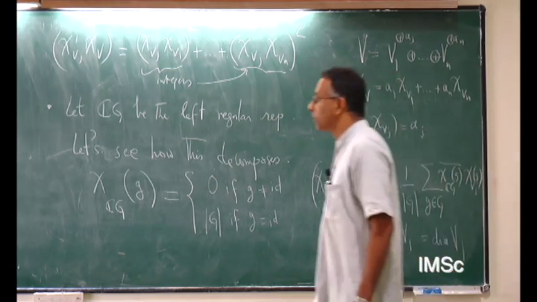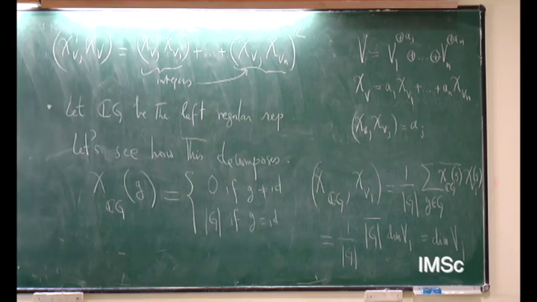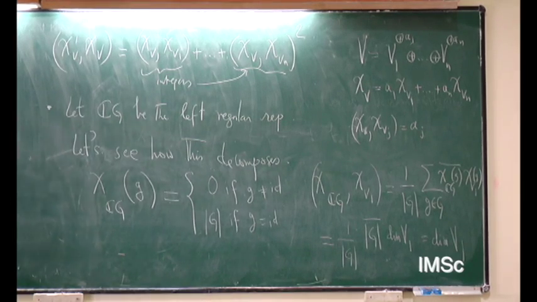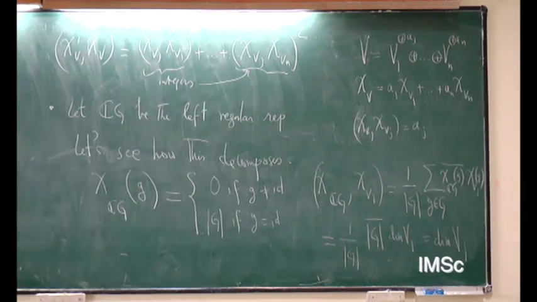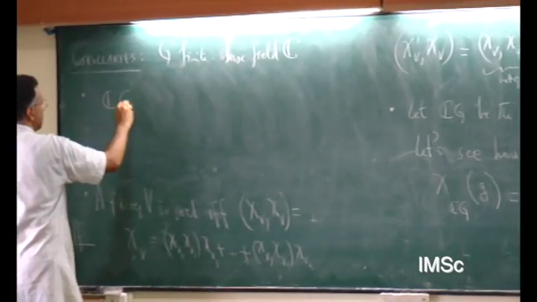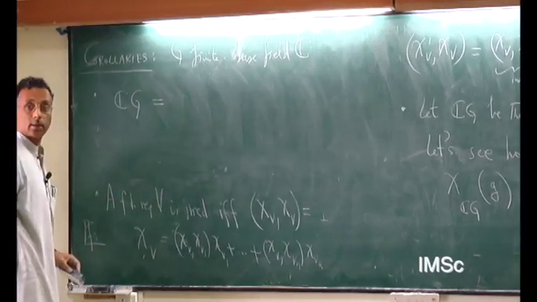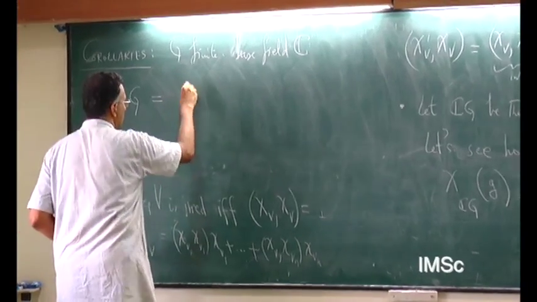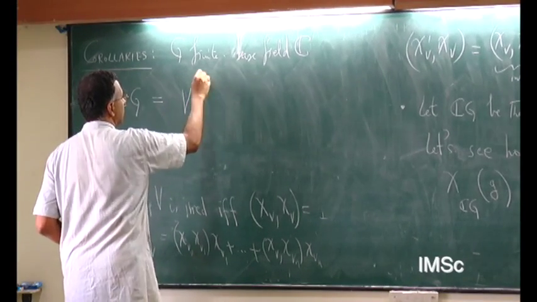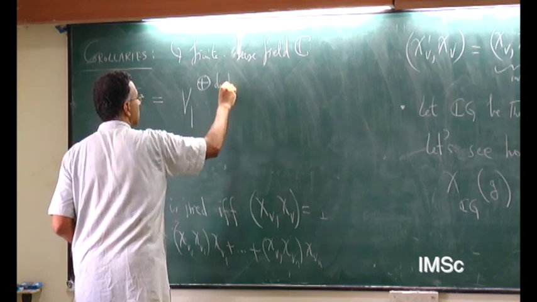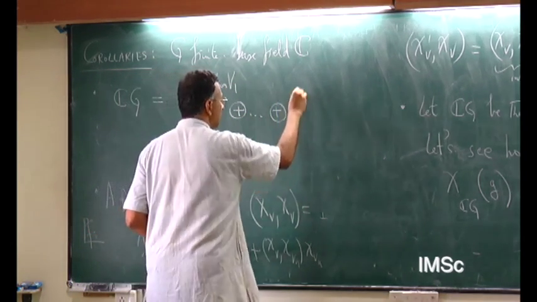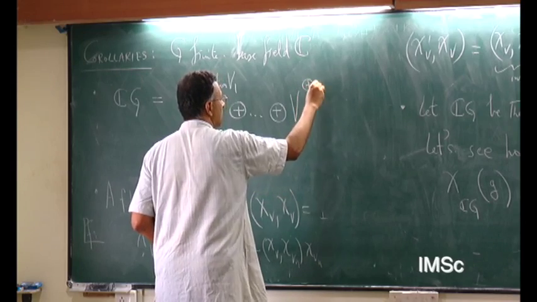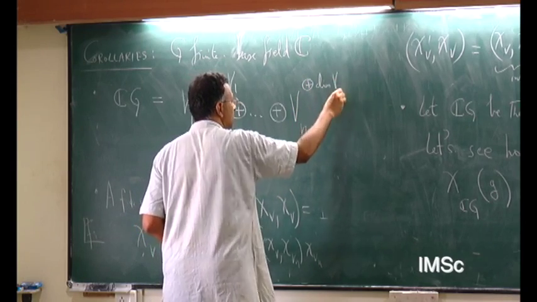So, how does it decompose? You get the following beautiful theorem or conclusion: CG contains V1 appearing as many times as the dimension of V1. Each of the irreducible representations occurs as many times as its dimension.